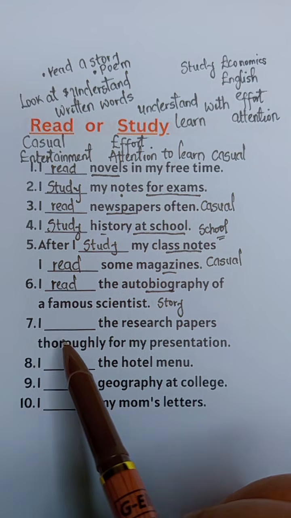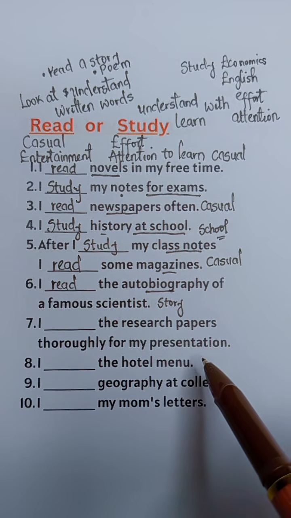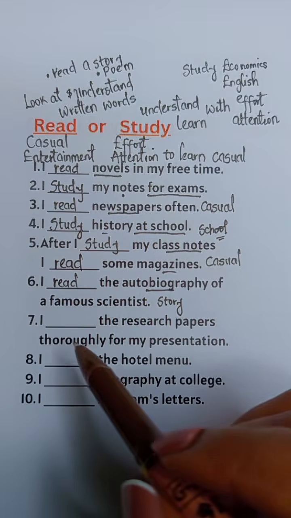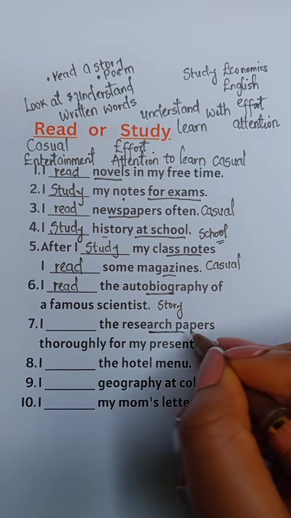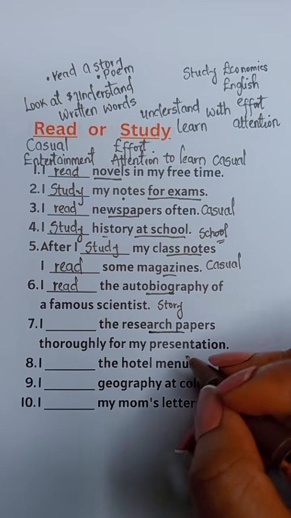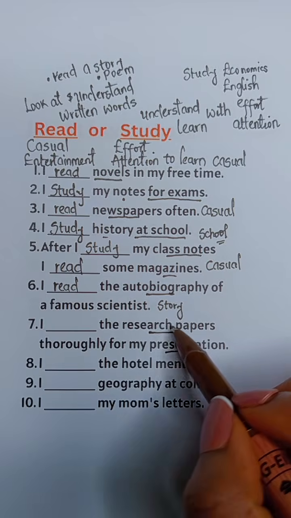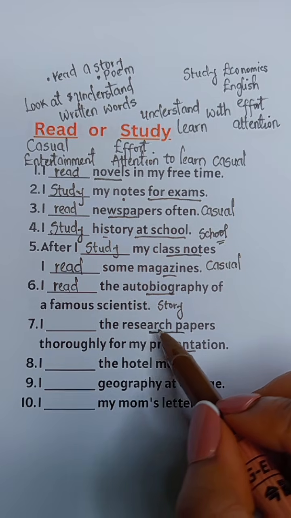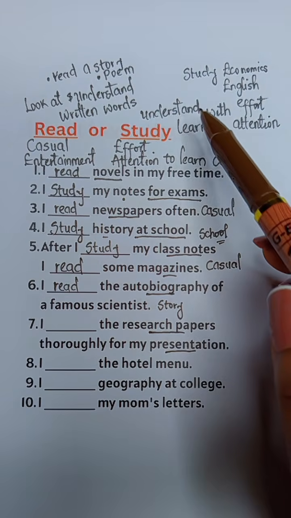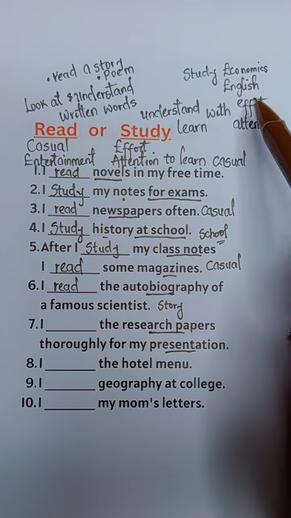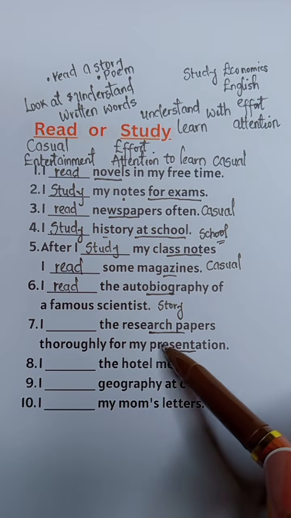Number seven, I blank the research papers thoroughly for my presentation. Read or study? Let's look at this key phrase, research papers, and let's look at this word, presentation. That means the written words in these research papers need to be understood and learned with effort and attention for the purpose of doing this presentation.